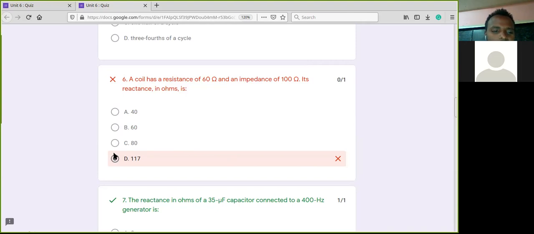Therefore, the correct answer is C, yes? 6,400 under square root is the reactance part. So we just jumped this part when we read the previous slide. This is the impedance. Therefore, this is Z, yes? Good.